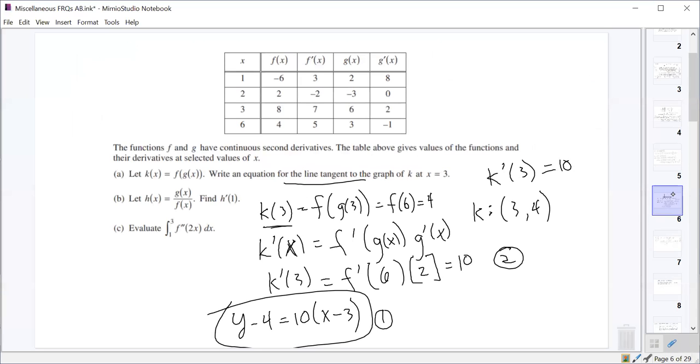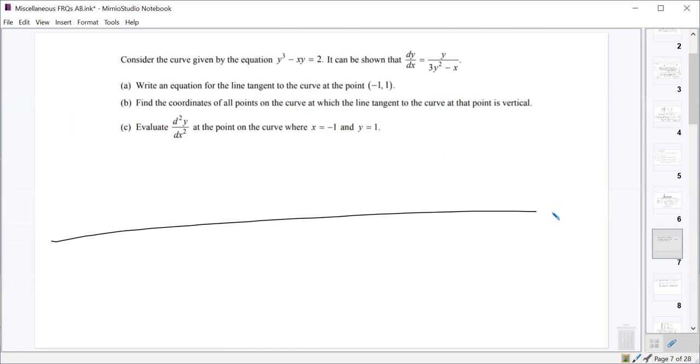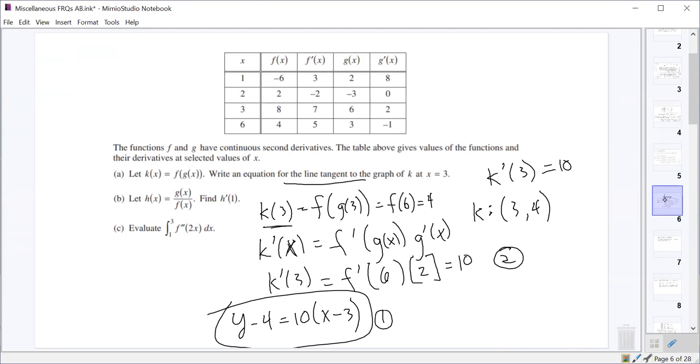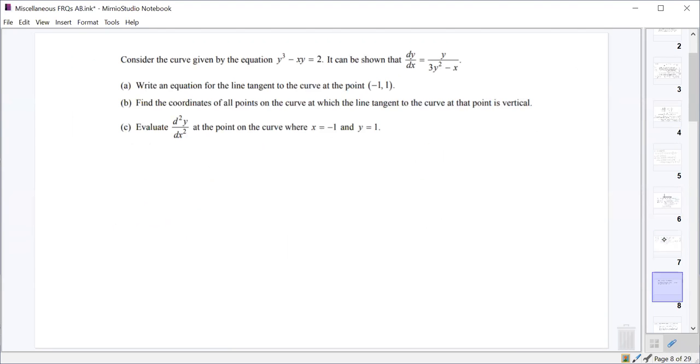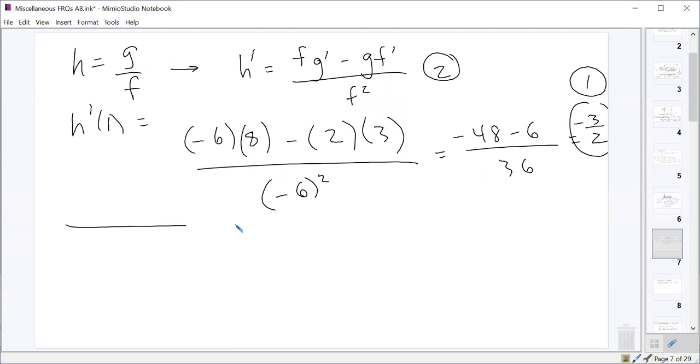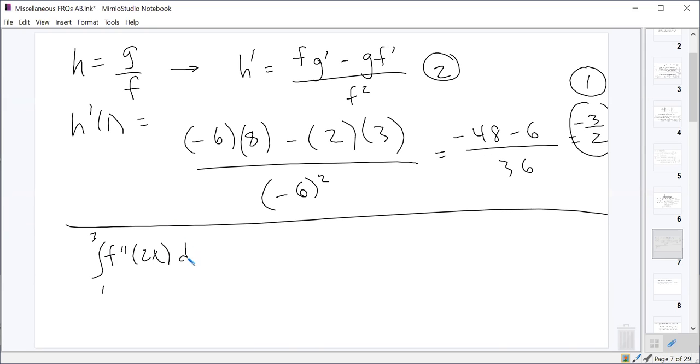All right, and lastly, evaluating the integral from 1 to 3 of f double prime of 2x. Was it 1 to 3, right, of f double prime of 2x? How are we going to do that?